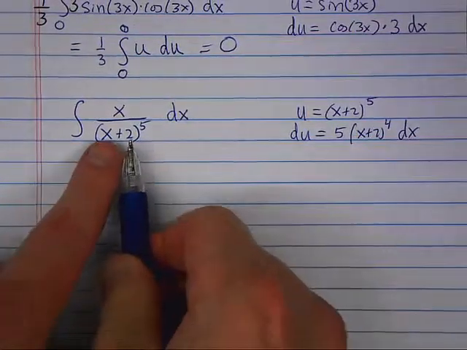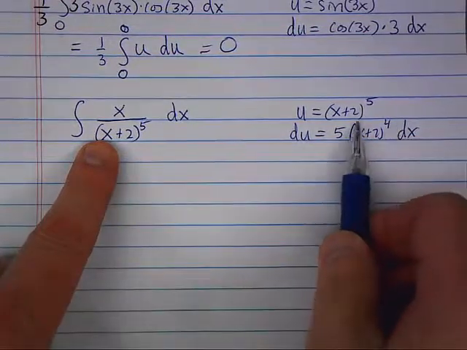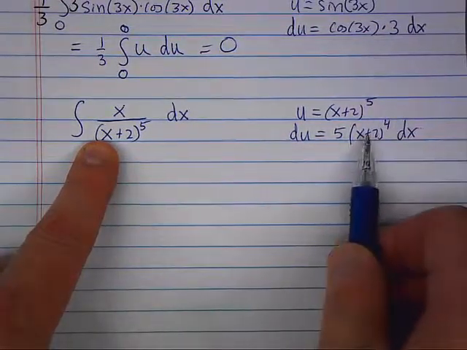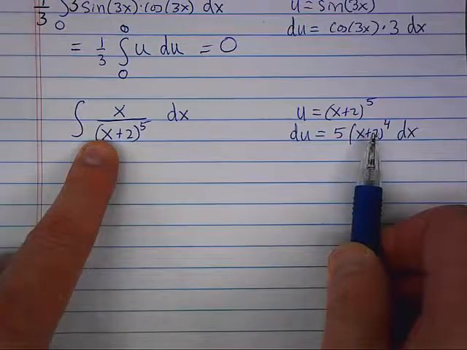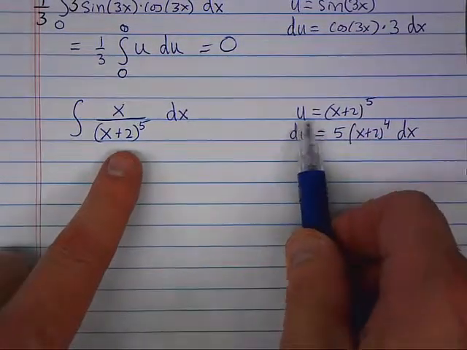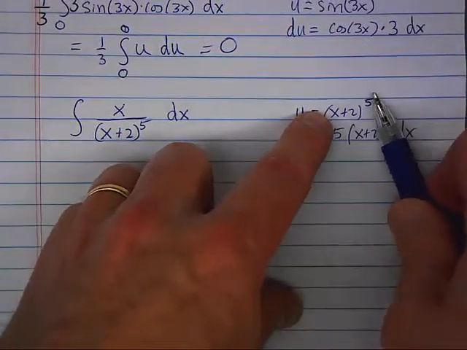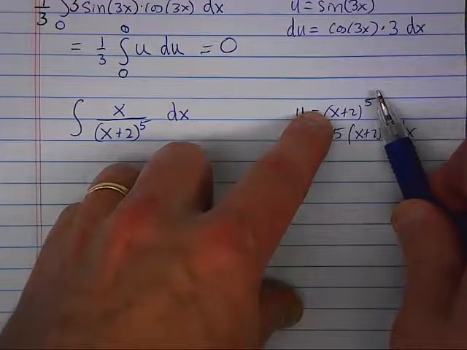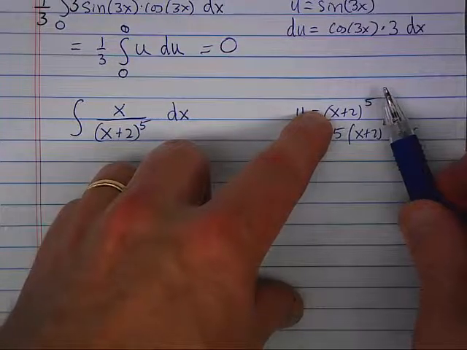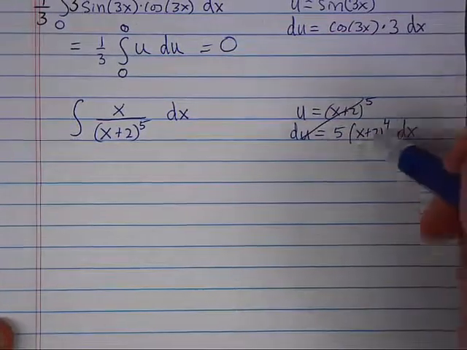Do I have an (x plus 2) to the fourth anywhere that I can use for my substitution? No. Very rarely do you want to let u be something with a parenthesis and a power on top of it. That's almost never going to work. I say almost never because, of course, I can rig one so that it did work. I don't think that's what you want to do.